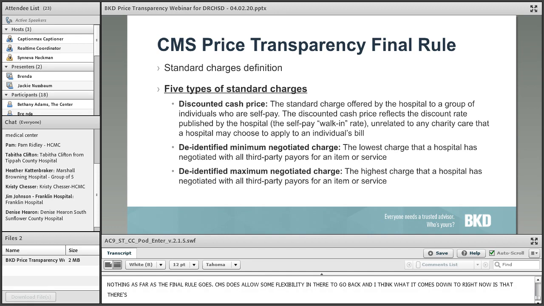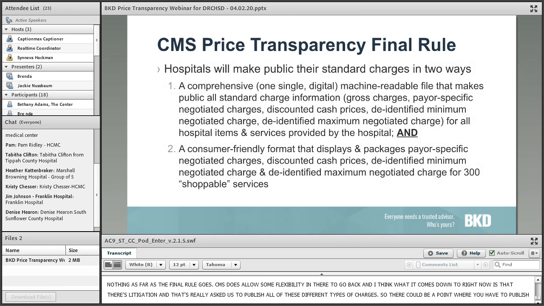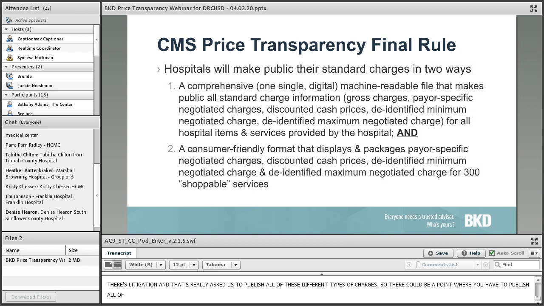So just wanted to point out that it's not an all or nothing as far as the final rule goes. CMS does allow some flexibility in there, and I think some of this comes down to the fact that right now there's litigation out there about, can CMS really ask us to publish all of these different types of charges? So there could be a point where you may still have to publish all of this with one of these excluded, if that makes sense.